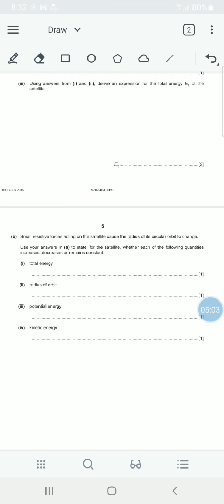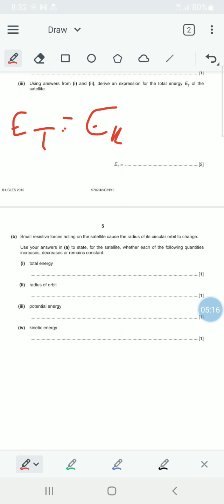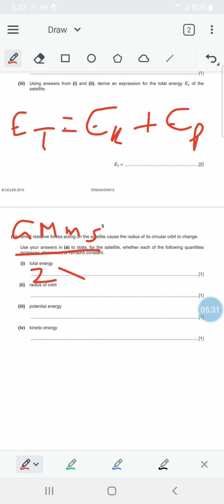Then part 3: using answers from 1 and 2, derive an expression for the total energy E_T of the satellite. So E_T is equal to kinetic energy plus potential energy. The kinetic energy we got to be G M m_s upon 2x.